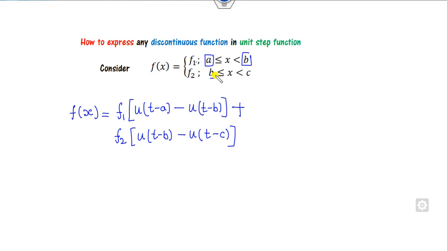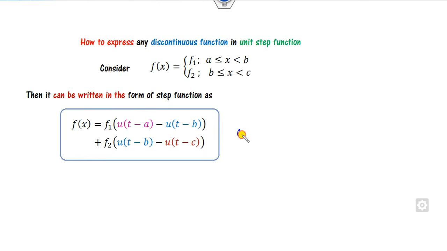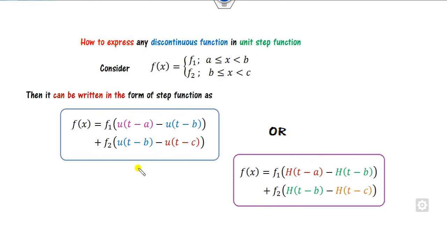This is the way you can express any function in the form of unit step functions. Also you can replace u by h. I can define this as f1 into h of t minus a minus h of t minus b, plus f2, and similarly in this manner. You can also express this function as f1 into u_a(t) minus u_b(t), plus f2, and so on.